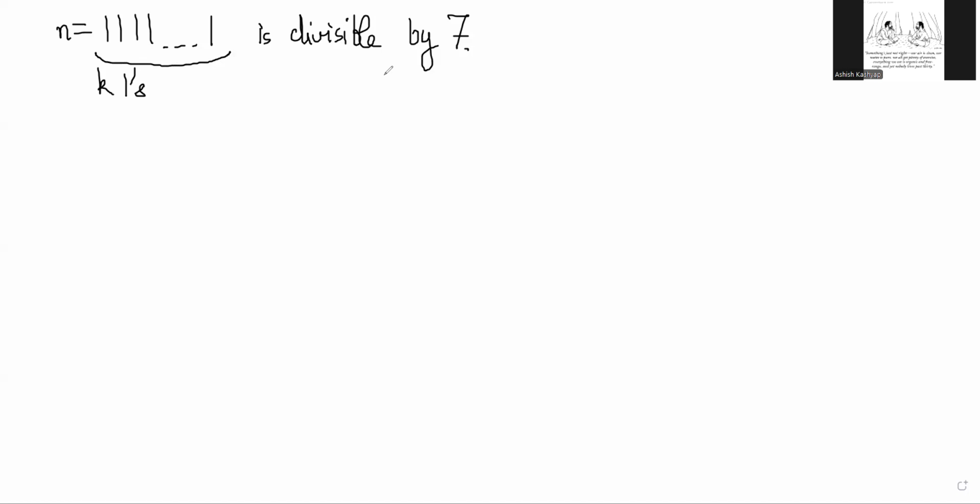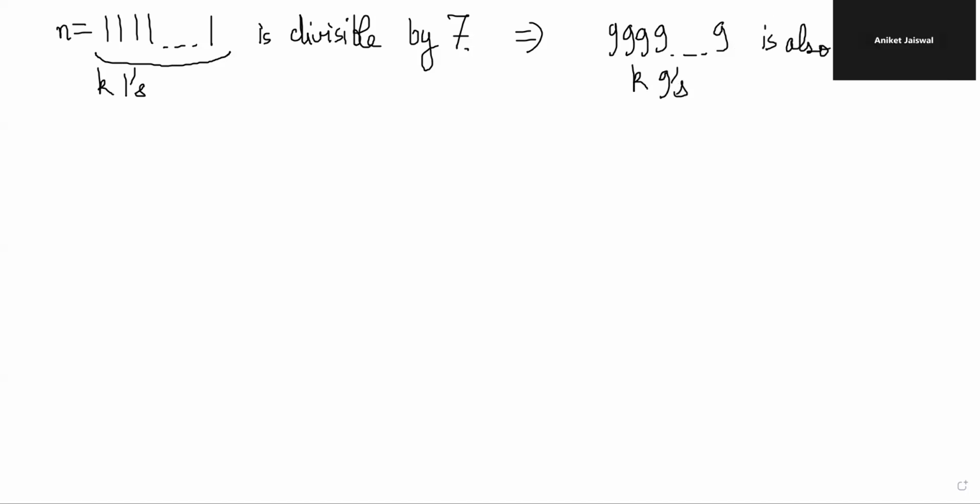It will be nice if we can convert it to 9999, because that will be 10 power something minus 1, right? So if this is divisible by 7, that implies 9999, k nines, is also divisible by 7.